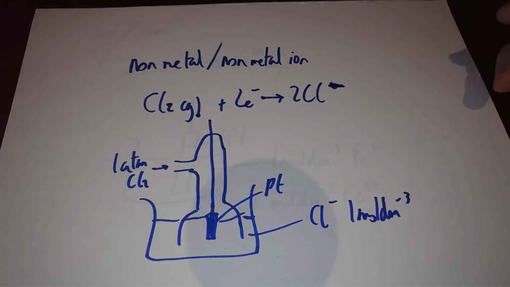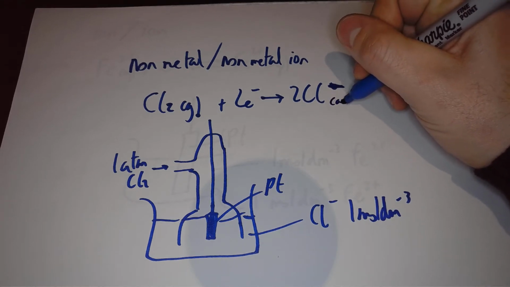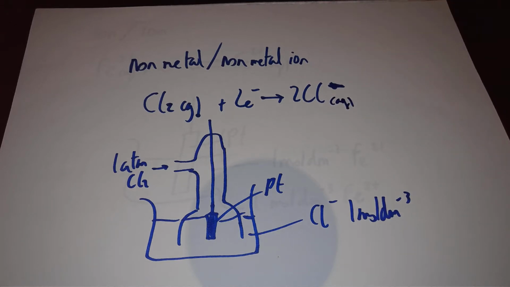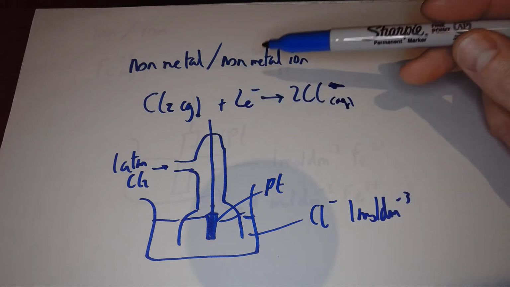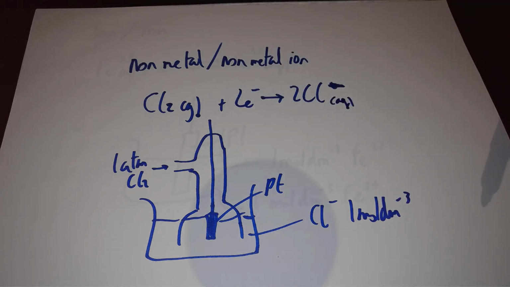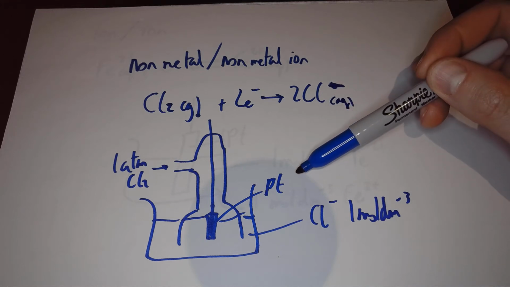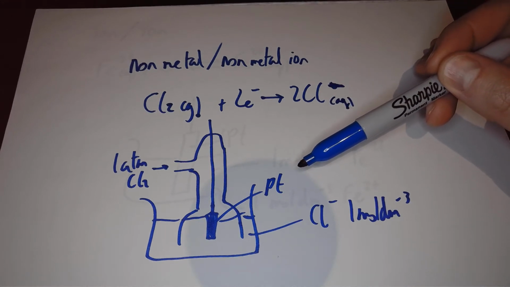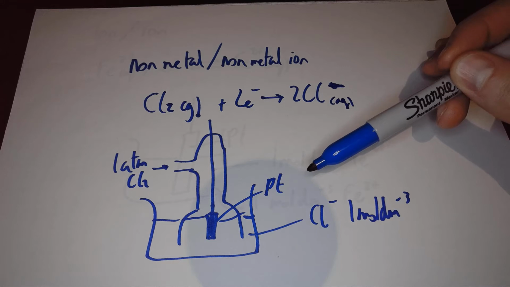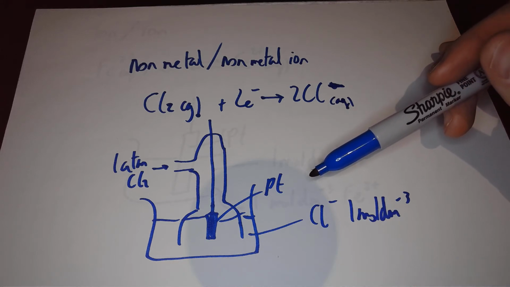This one is a non-metal ion, so it's chlorine. Now chlorine, as you know, is a gas. It's gaining electrons to make chloride ions, which are aqueous. So a gas and aqueous ions obviously don't make good electrodes, and neither of them are metal. So we have an electrode made out of platinum. The platinum's unreactive, so it's not going to really take part in any reactions, but it will allow electrons to pass through it.